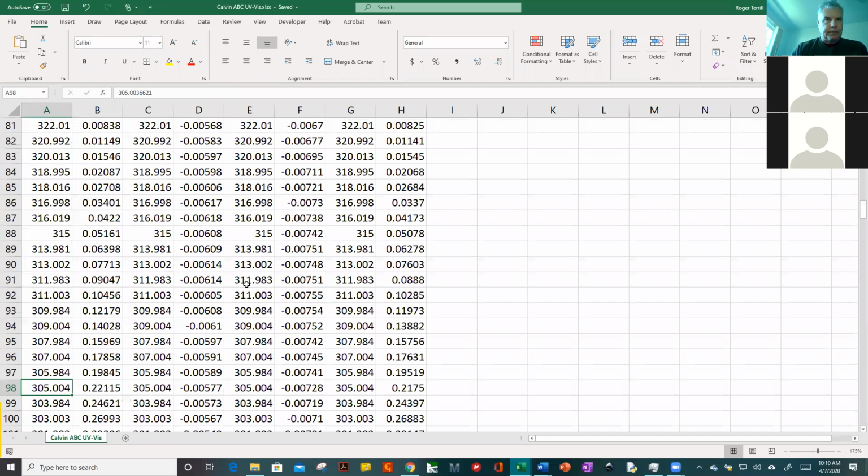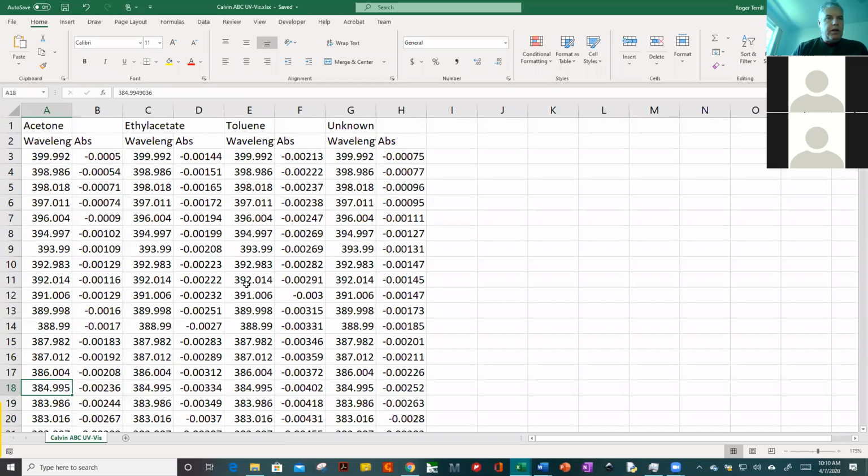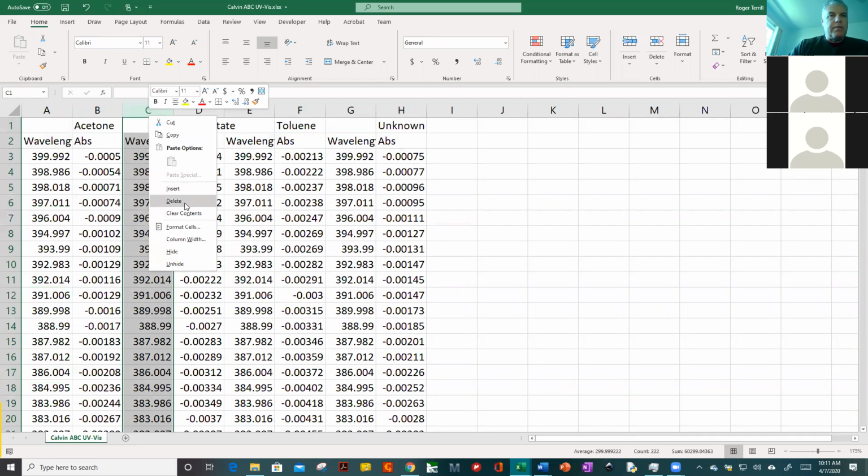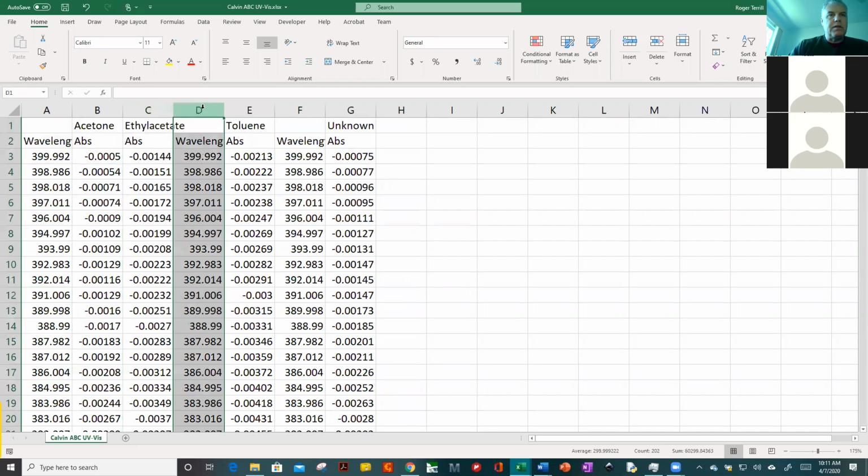So what I'm going to do is move these labels on top to the right one click so that they correspond to the absorbance of that species. And then I'll delete the wavelength columns.